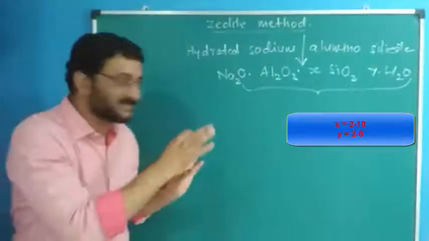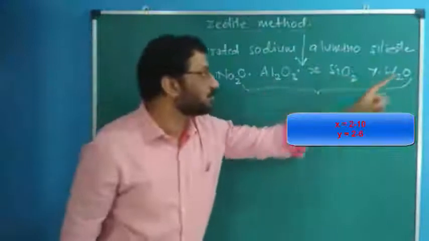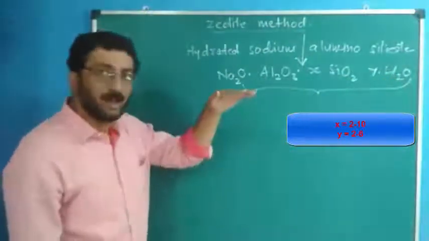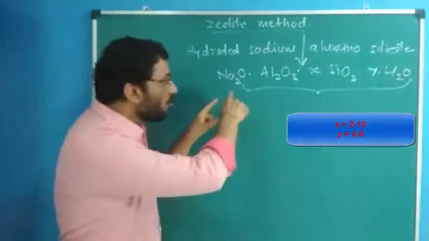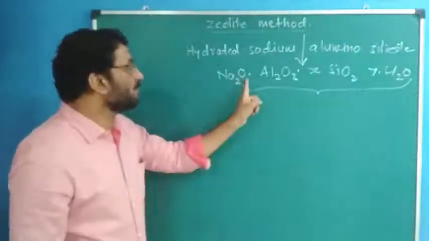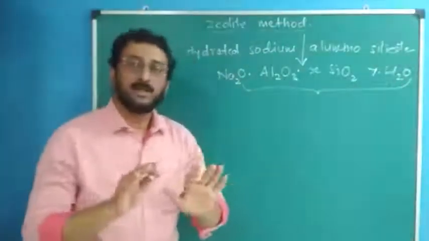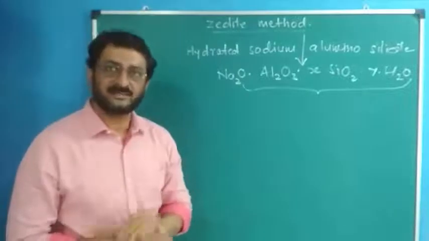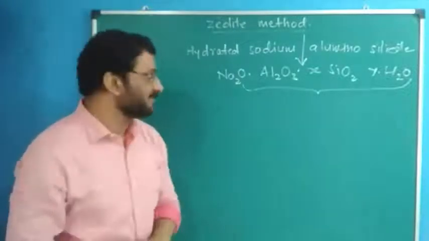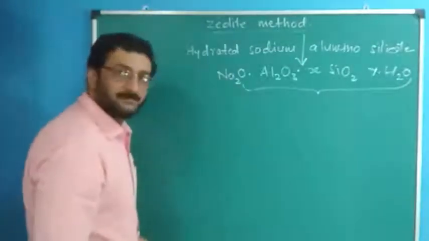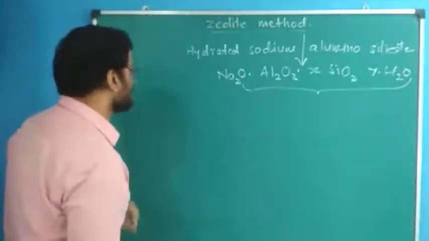There is no change in this structure from this O to this O. Again I repeat, when you allow hard water to pass over the bed of resin, from this O to this O do not take part in the reactions. The structure remains as it is. Exchange of this takes place.